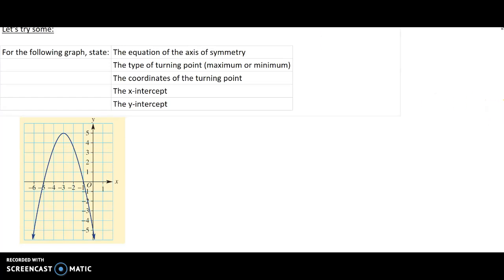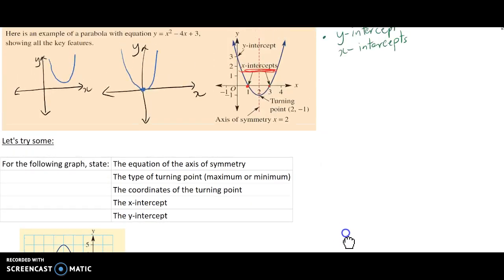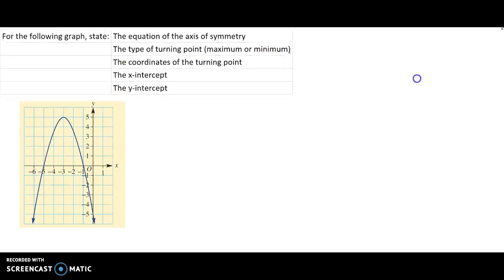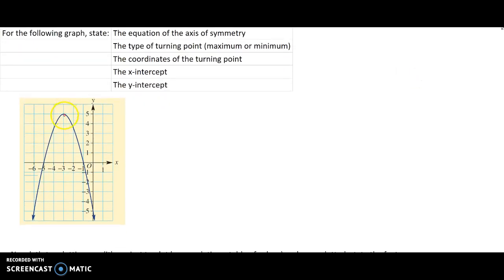Now, I think that if I have an axis of symmetry, it actually has to be a dotted line. Okay, if you have a look, the axis of symmetry goes through the turning point. So the easiest way to do that is to find the turning point first, which is there.